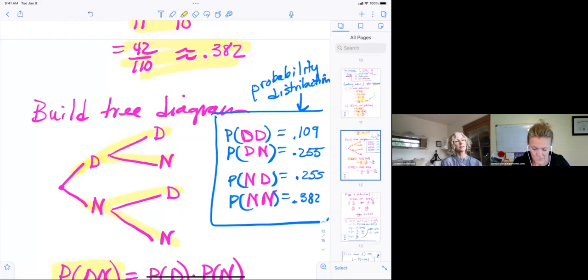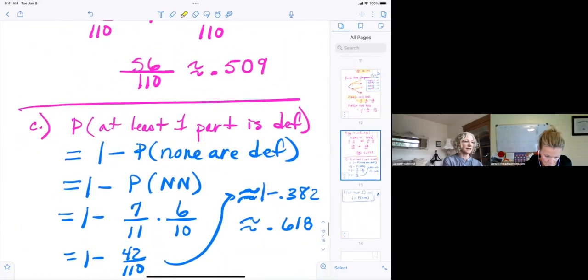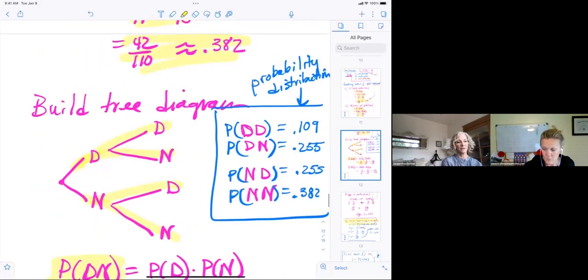So if I look at this and I say that I want to find the probability of at least one defective, I'm asking you about part C again. At least one defective. We solved it with this rule because it was fast and easy. Well, it's that case where it's defective first, then not defective, or it's this case, or both are defective.